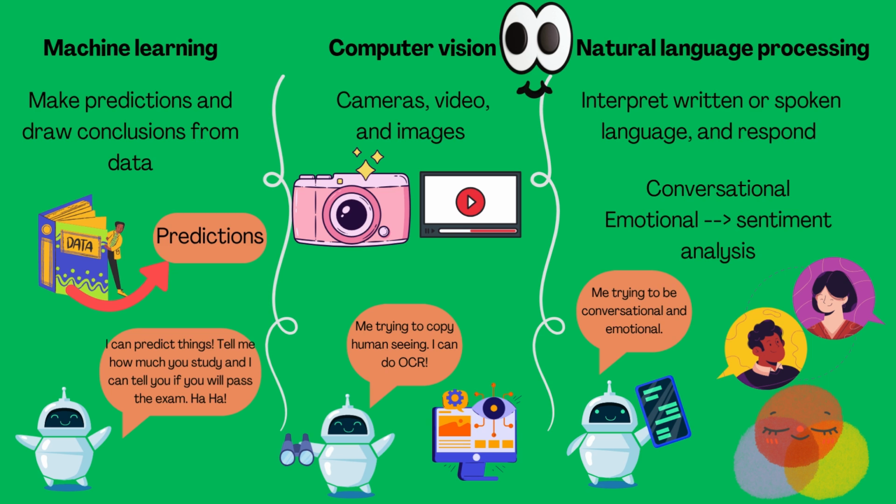That's natural language processing. Computers' ability to copy humans' ability to have conversations, understand languages, and be able to understand what the other person is feeling. It's computers trying to be conversational and emotional, right? Whether it's written or spoken.